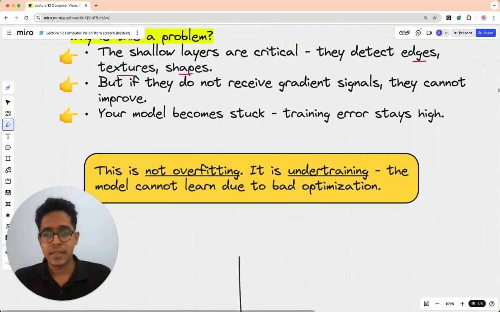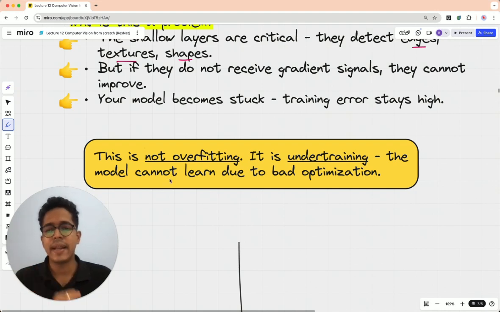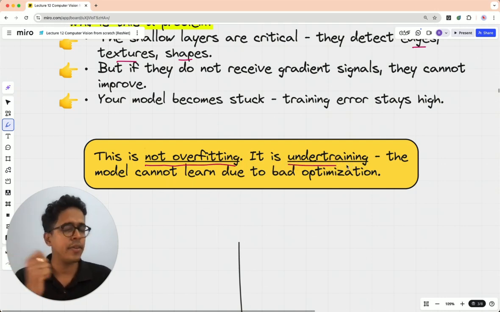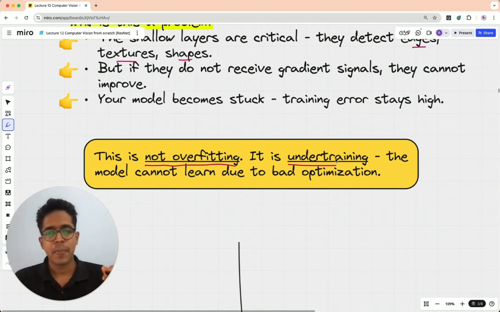This results in a phenomenon that we have seen in the VGG lecture as well as in the GoogleNet lecture, that it results in something not like overfitting, but something more like undertraining or underfitting, where validation accuracy is above the training accuracy.